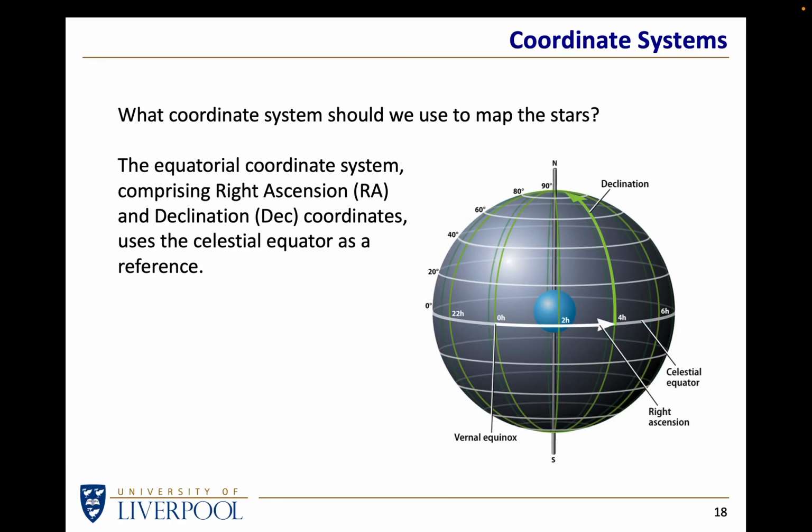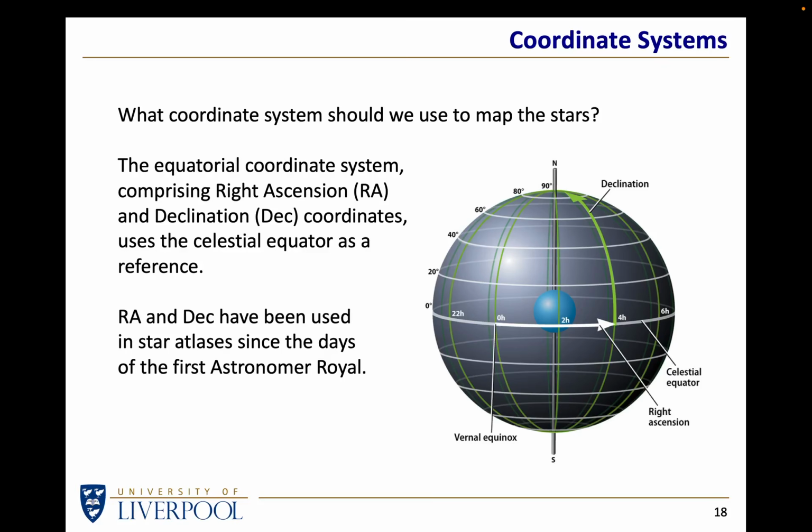In other words, the coordinates are relative to coordinates that are defined by the Earth. The Earth's equator defines the celestial equator, and we take measurements north or south of that imaginary line. Right ascension and declination have been used in star atlases since the days of the first Astronomer Royal, centuries ago.